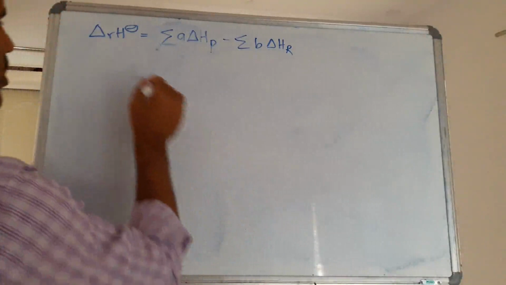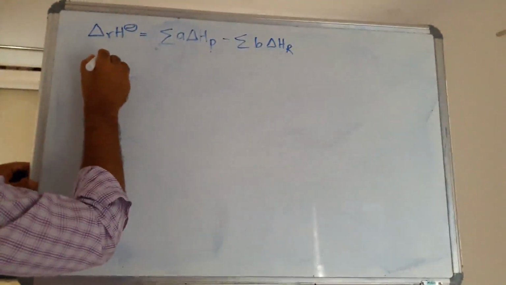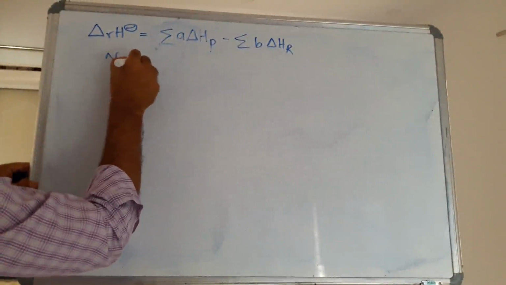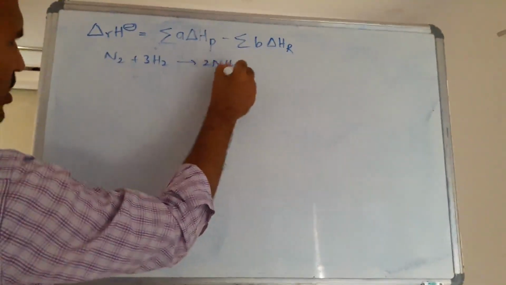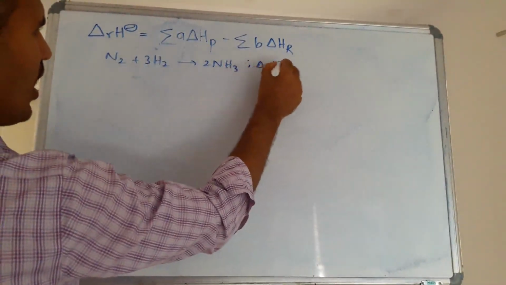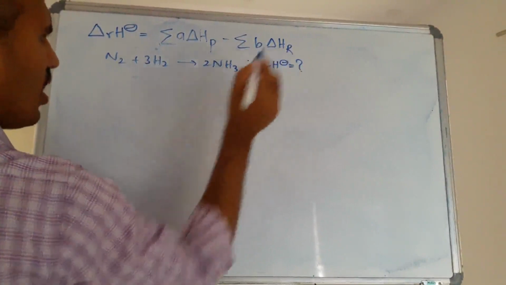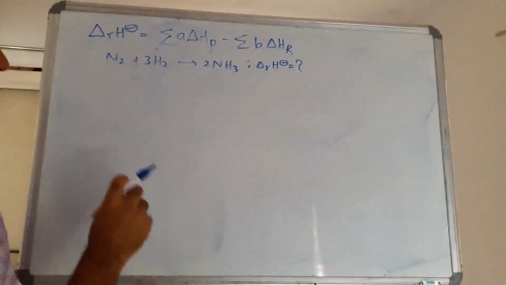So for example, the reaction may be given like this: N2 + 3H2 gives rise to 2NH3. Then ΔrH°, how much? It is given as -92 kJ/mol.